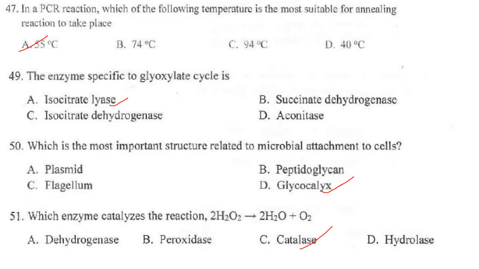So it is isocitrate lyase. Answer is option A. Which is the most important structure related to microbial attachment to cell? It is glycocalyx. Answer is option D. Then which enzyme catalyzes the reaction 2H2O2 giving 2H2O plus oxygen? That is catalase. Answer is option C.